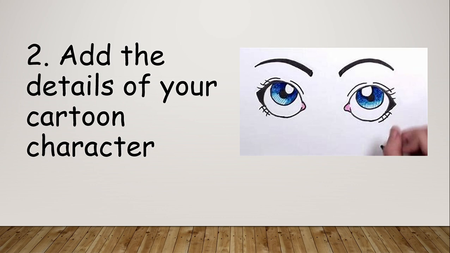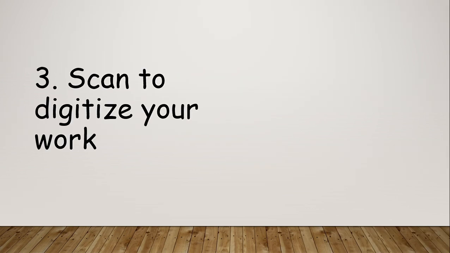So that's clear. Step three is we need to scan to digitize your work. For example, we draw on a bond paper, so we need to scan it through a scanner. If we don't have a scanner in our computer or in our printer, we can use a cell phone.